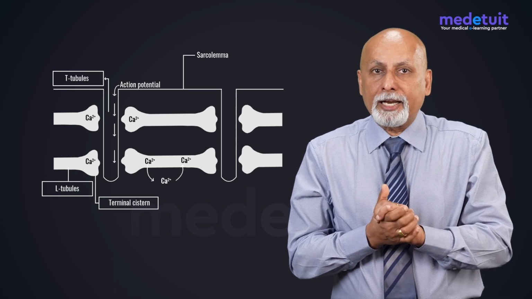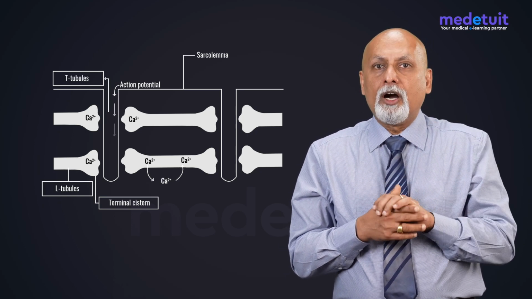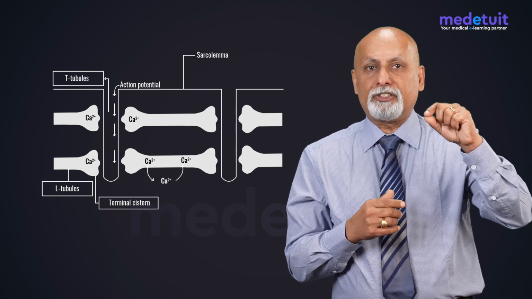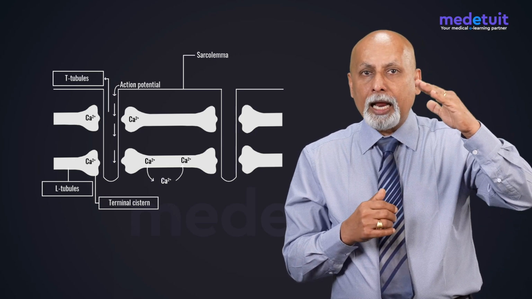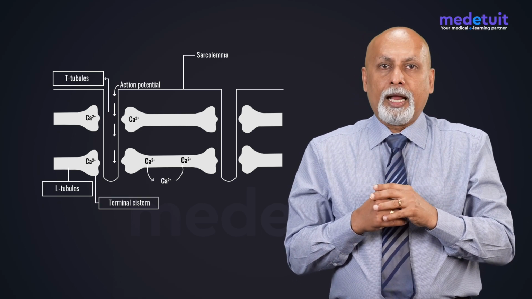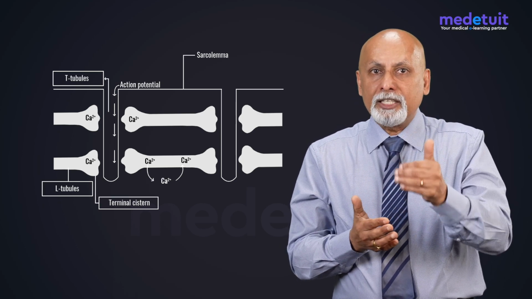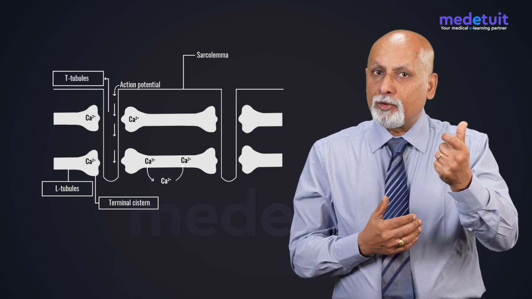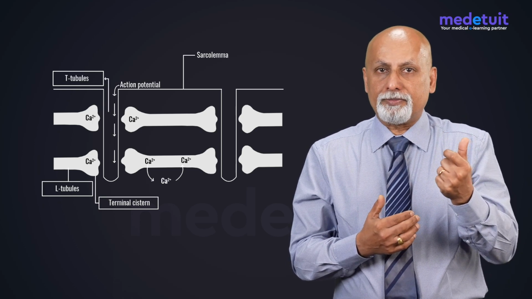You know that action potentials originate on the sarcolemma or on the surface. They travel and finally they enter into the T tubule. And arrival of action potential in the T tubule is the first trigger for the muscle contraction.